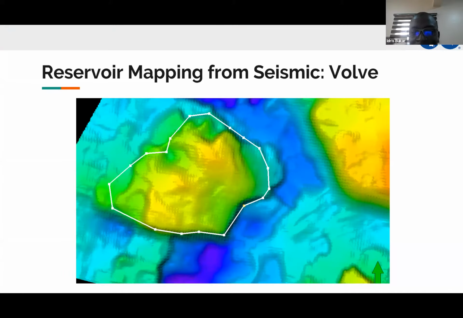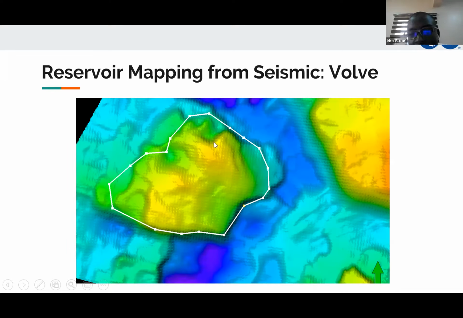And then it will basically slice off anything that is below it. And then whatever is left of the shape is what I can now follow as this is the map of my top reservoir, okay, where there are hydrocarbons.